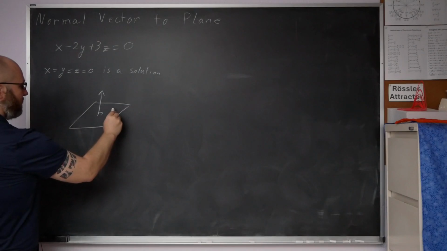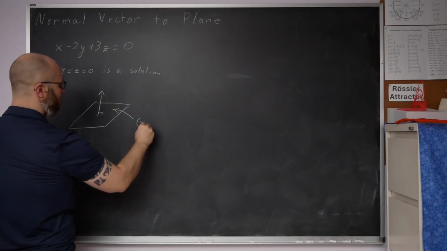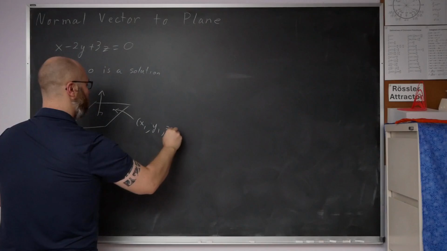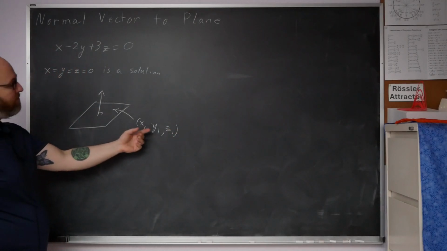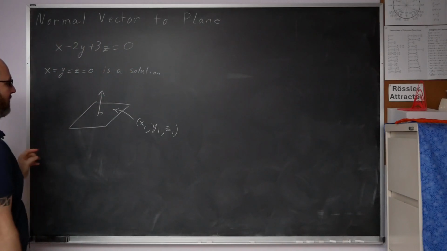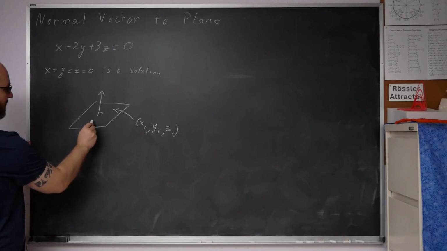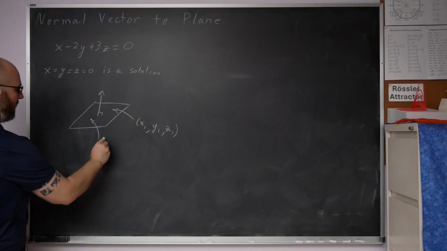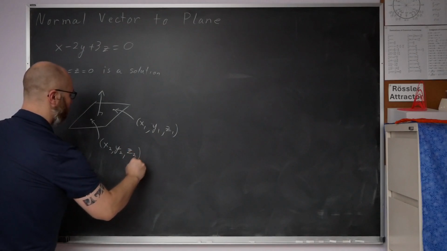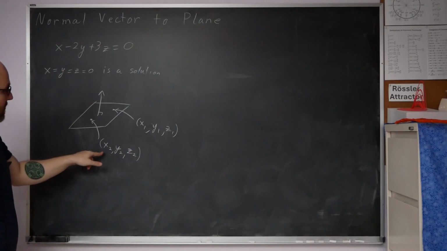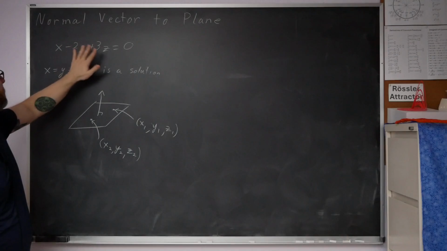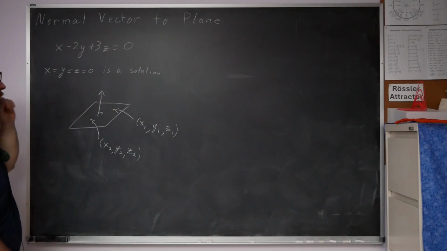This dot right here is x1, y1, z1, and when you plug these numbers into this equation, they end up equaling 0. We could have another dot right here, x2, y2, z2, and if you plug these in for x, y, z in this equation, you'll get this minus that plus that, and it'll all cancel out to 0.